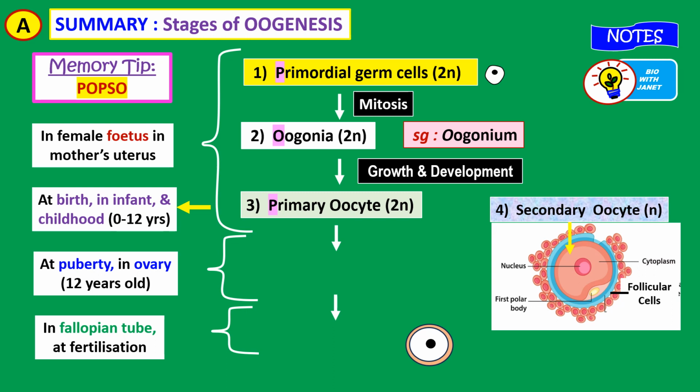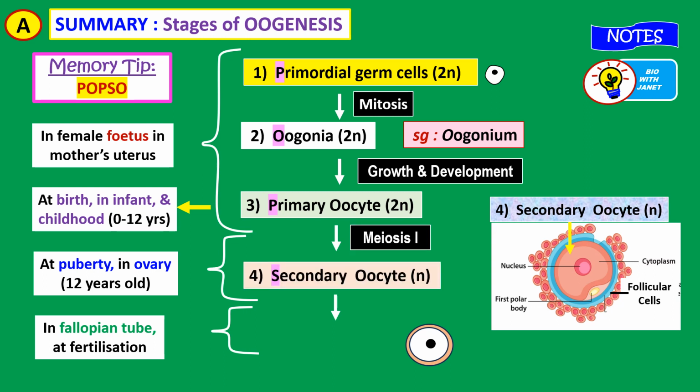Then they continue their development. The primary oocyte will undergo meiosis 1 to form the secondary oocyte, which is haploid. So this is the first time that the cell is haploid, when meiosis 1 occurs. It's always after meiosis 1 that the cell turns haploid, from a diploid cell to a haploid cell.